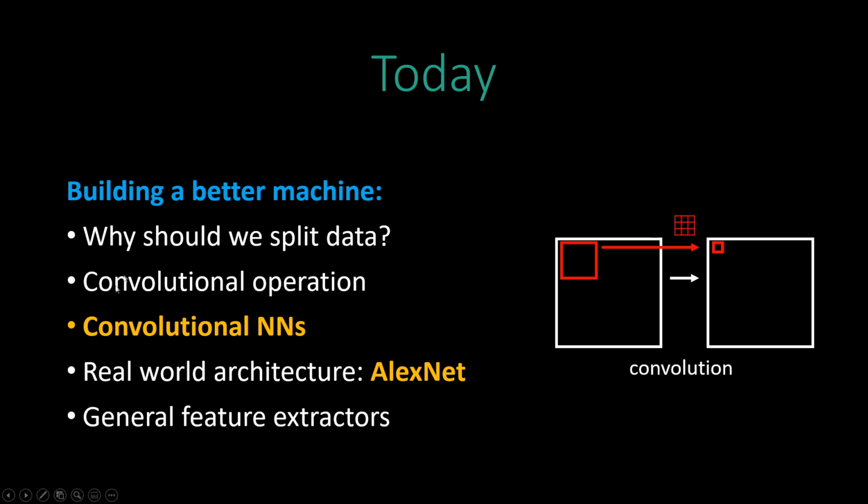Then we will fully go into the convolutional neural networks and the operations that are in there, and then introduce some of the real-world architectures, namely the AlexNet. And finally, we will explore how we can use these convolutional neural networks outside of their original area of task, so outside of the classification task.